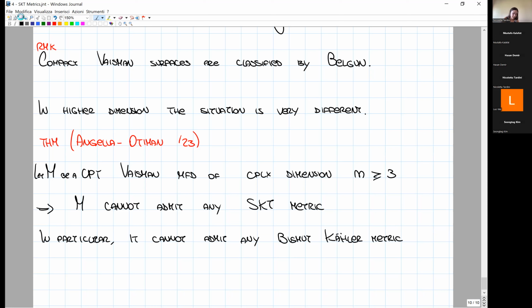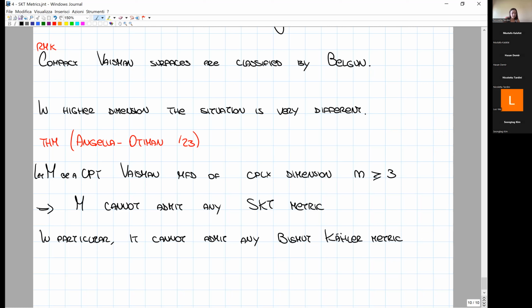So you see, this result is saying that if you have a compact complex manifold, you cannot have both a Vaisman metric and an SKT metric, but two different metrics. I'm not saying that the same metric that is Vaisman cannot be SKT. I'm saying that you cannot have two different metrics, one Vaisman and one SKT. So this is the meaning of this result.